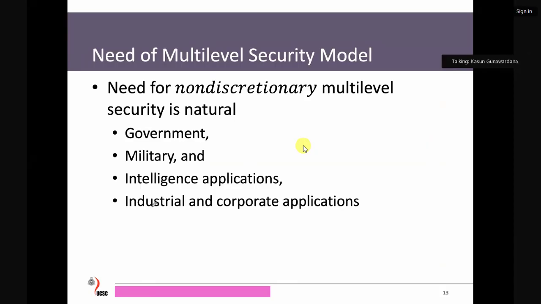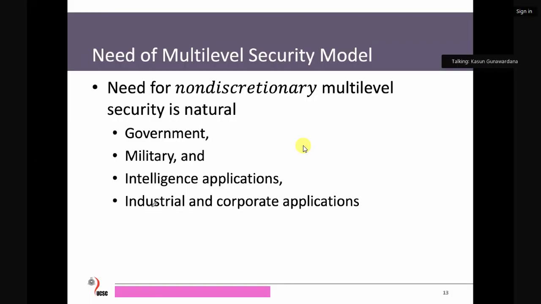So, the need for multi-level security models. Why do we need it? We can say that the need for multi-level security exists in organizations and bodies where they are handling very sensitive or critical data, compared to typical information systems in enterprises.